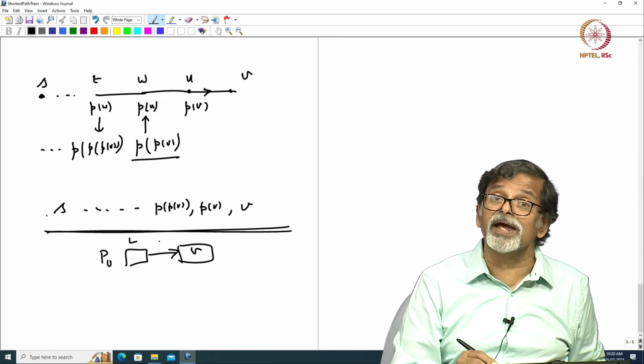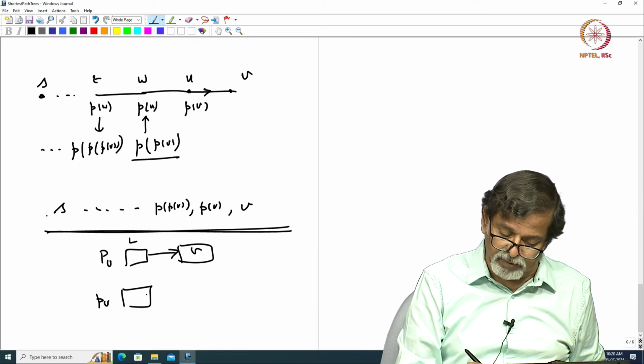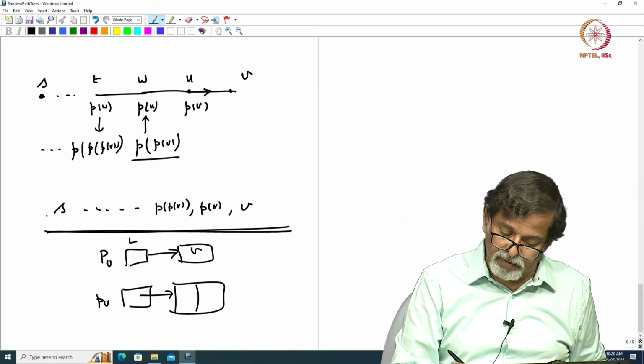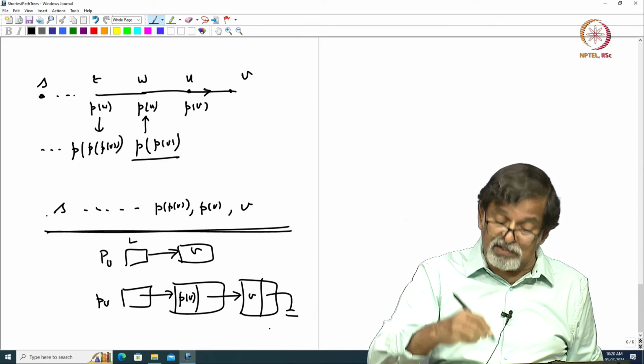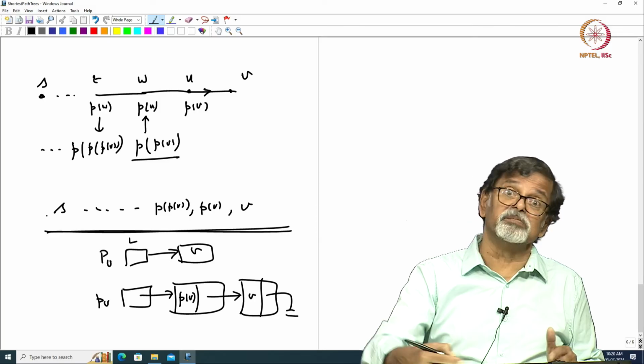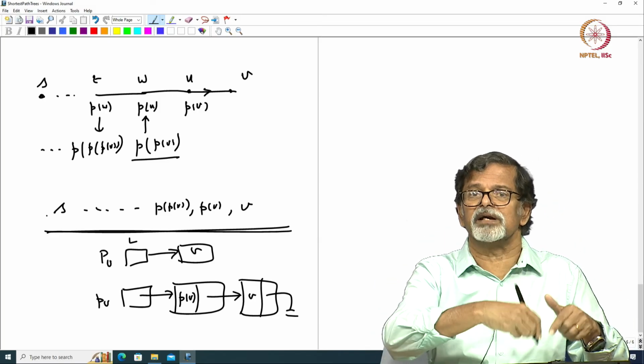Insert in the beginning of the list, then L, this P of V will become P of V and that will point to V. Insert, find P of V, but insert at the beginning of the list, always insert at the beginning of the list.